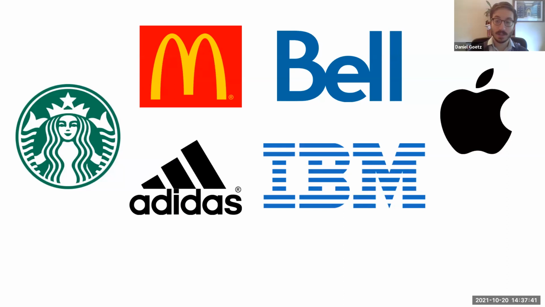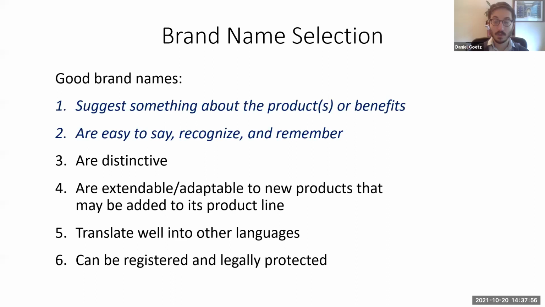So once a brand has succeeded in establishing a core identity, it'll often want to build on its success with new products or offerings. But to do that, it might need to change its positioning from more specific to more general, right? So good brand names suggest something about the products or benefits within reason, right?